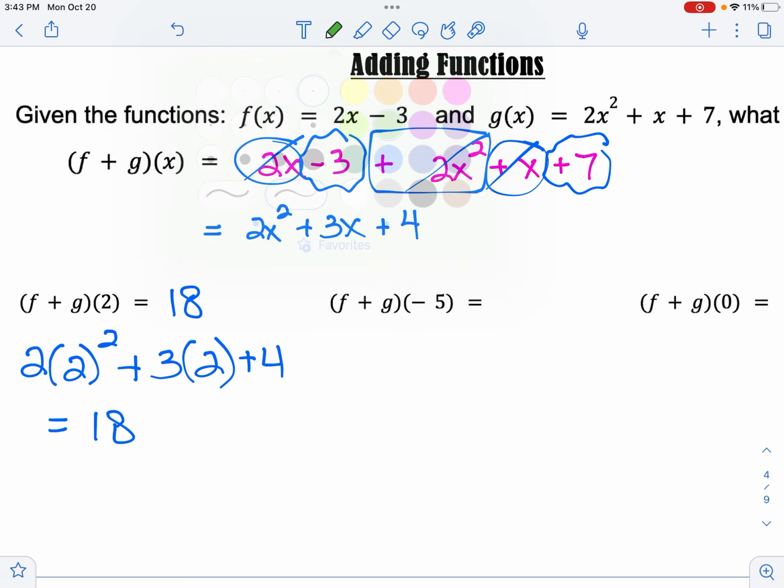Okay, let's do this one. So again, we're just taking this function and plugging in negative 5. Okay, so again, if you're not great at that, you could just take a look and try to type it in. So let's do that. 2 times negative 5 squared.